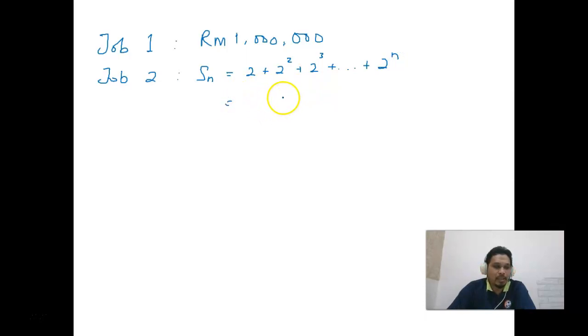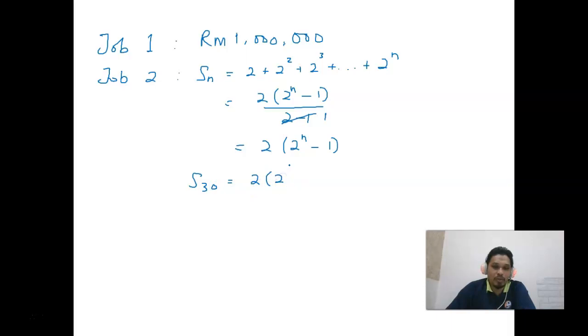Now it is 2 times (2 to the power of n minus 1) divided by (2 minus 1), summed to infinity. 2 minus 1 equals 1, and of course it's only 2 to the power of n minus 1 left here. So let's say until the 30th day of the month, 2 to the power of 30 minus 1.